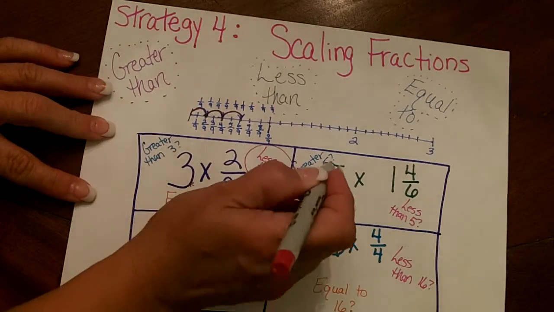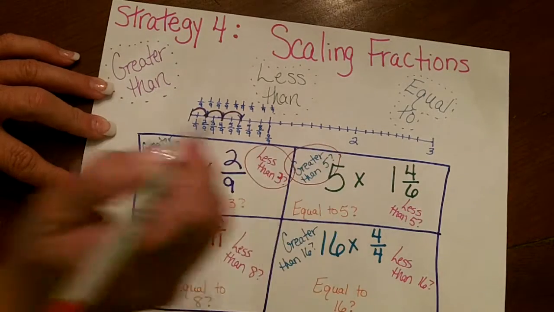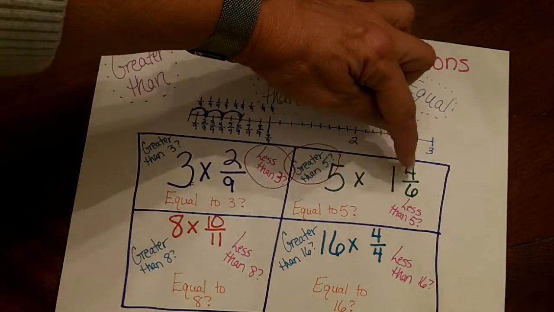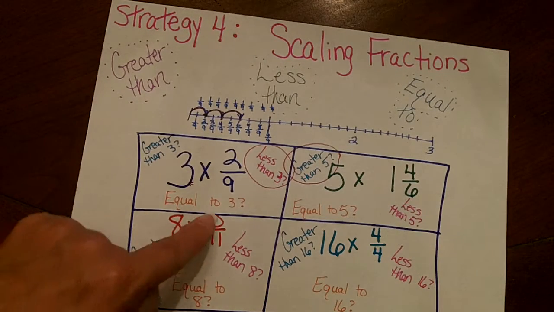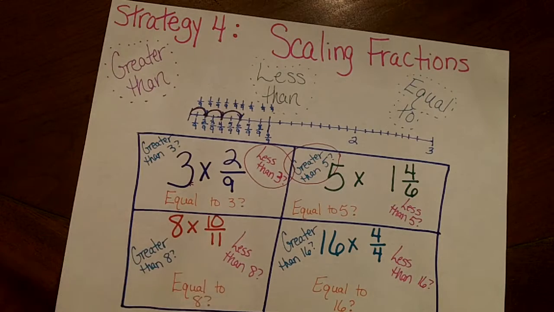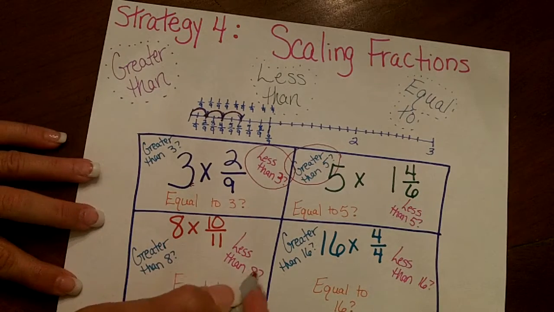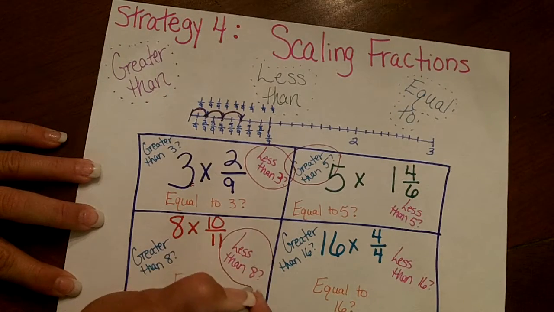My answer is going to be greater than 5 because this is greater than 1. All right, look down at this one. I have 8 times 10/11. Now I'm going to look at my fraction. 10/11 is less than 1. So guess what? My answer is going to be less than 8.